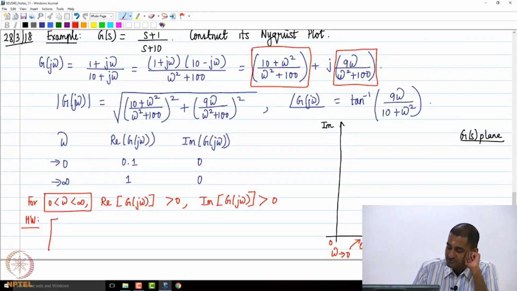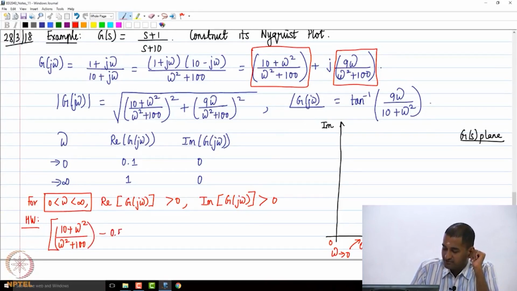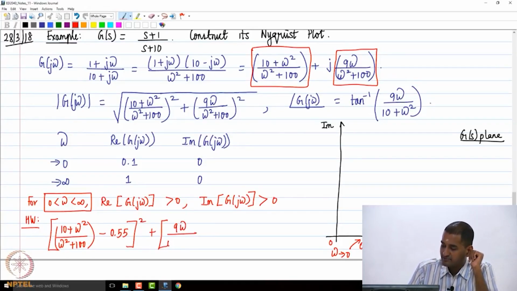If you check this expression, the real part, 10 plus omega squared divided by omega squared plus 100, minus 0.55 whole square, plus the imaginary part square, which is 9 omega divided by omega squared plus 100 the whole square, that is going to be equal to 0.45 square.